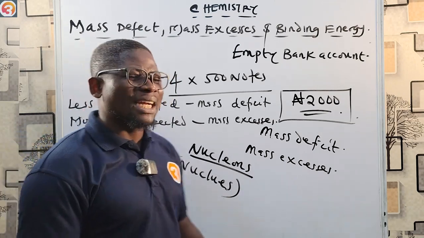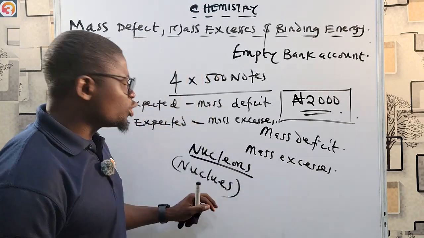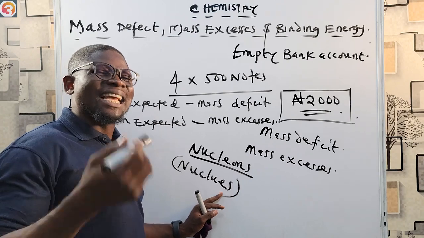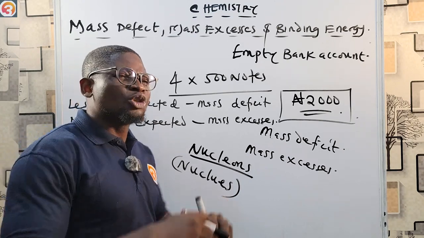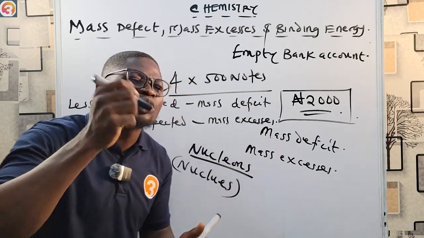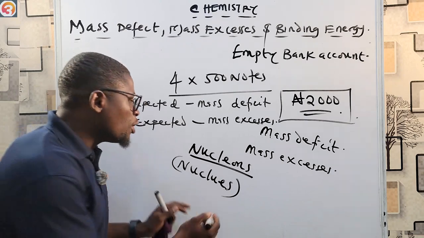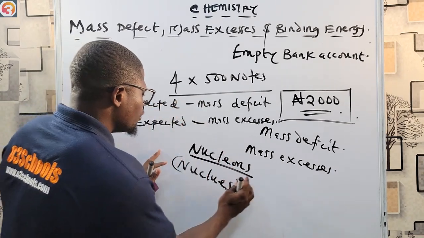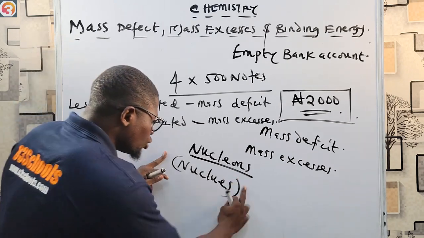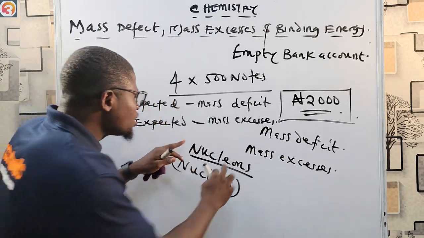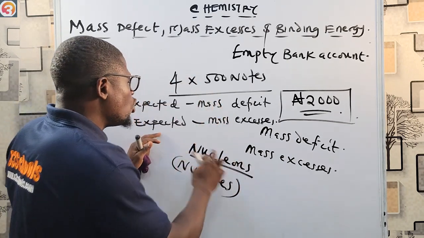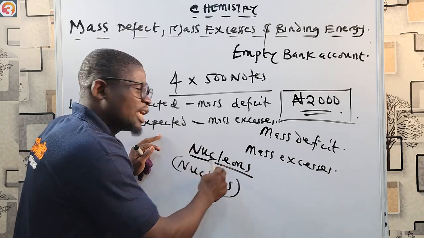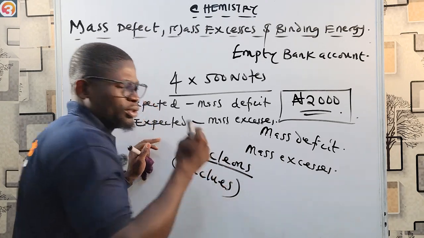You see that the total mass of the nucleus is less than the sum total of the individual masses of the nucleons that make up this nucleus.